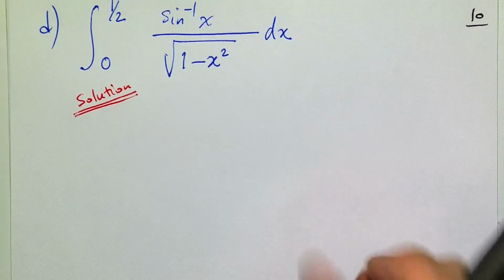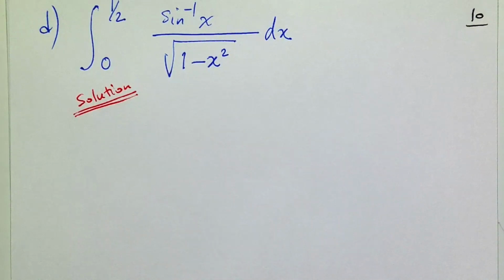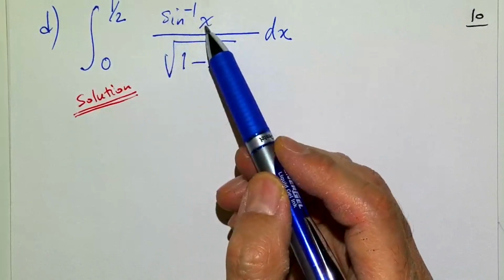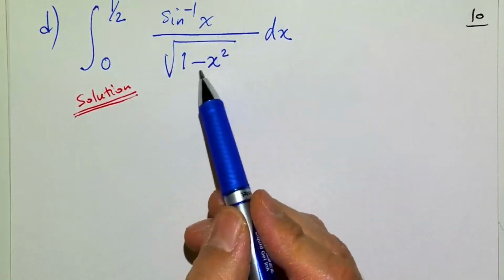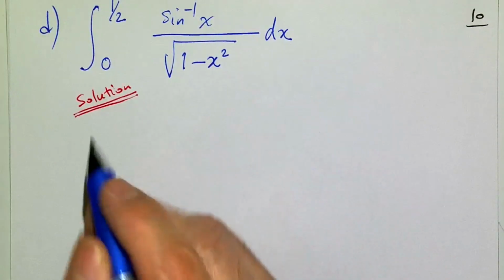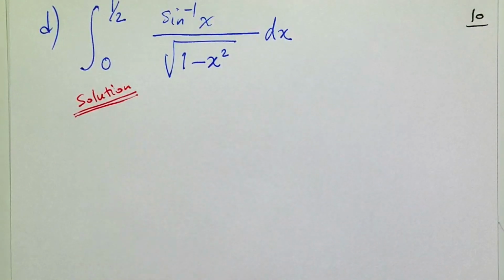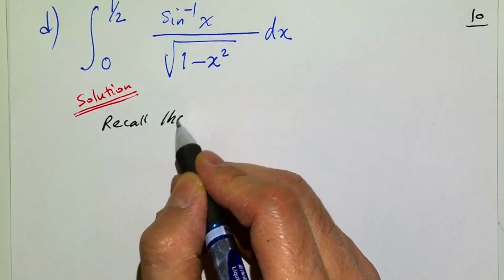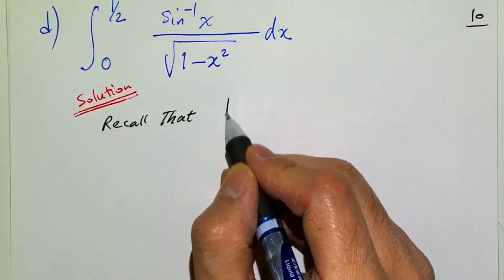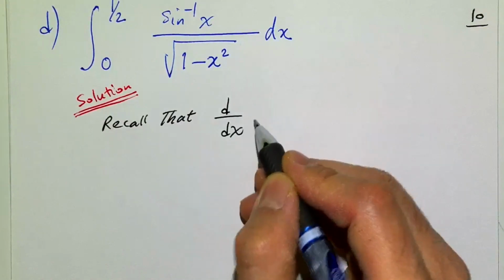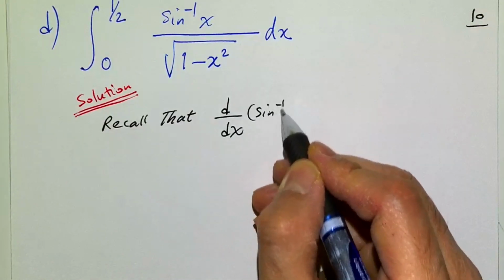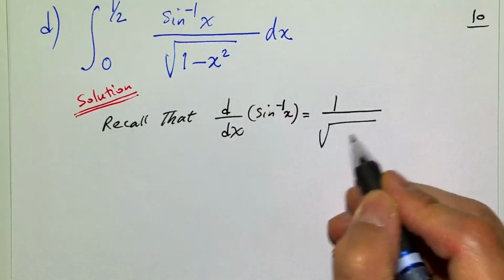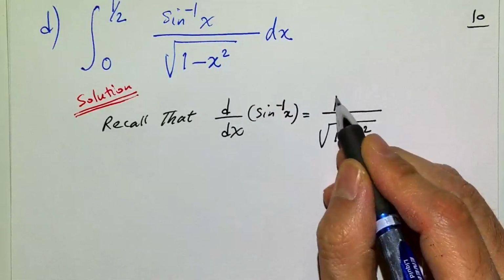Well, recall that if you take the derivative of the inverse sine of x, what do you get? You get 1 over square root of 1 minus x squared. So let's write that down. Recall that the derivative of inverse sine of x is equal to 1 over square root of 1 minus x squared.